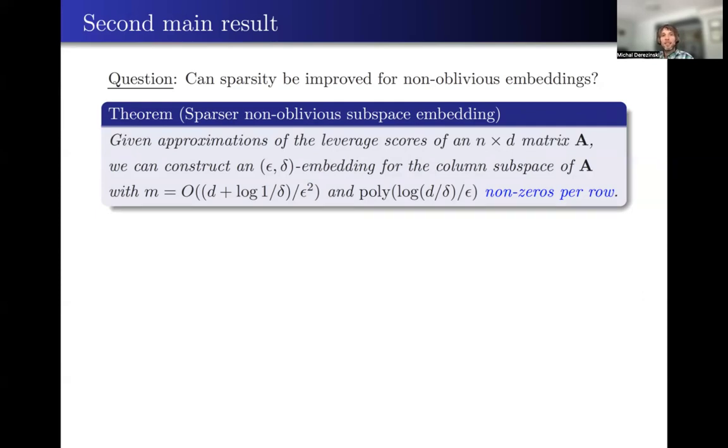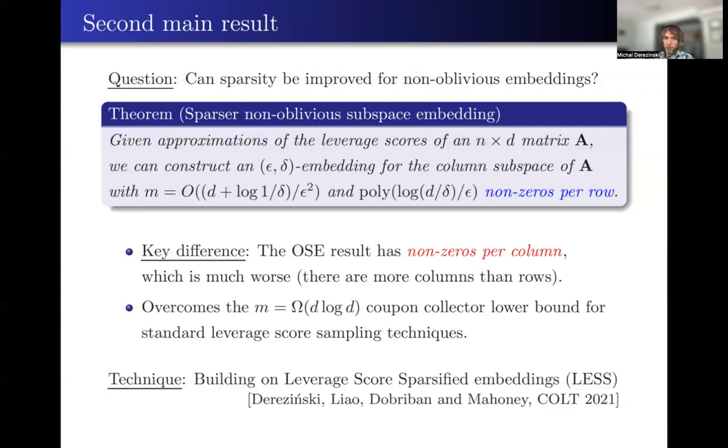What we show is that if we have some additional knowledge about our input, the input matrix or the subspace, and in this case the knowledge is some approximations of the leverage scores of this matrix, I'll mention what leverage scores are in a second, then we can construct a subspace embedding for this particular subspace with optimal embedding dimension, where the matrix S again has poly log d over epsilon non-zeros, but this time per row and not per column of the matrix, which is in fact a lot better.